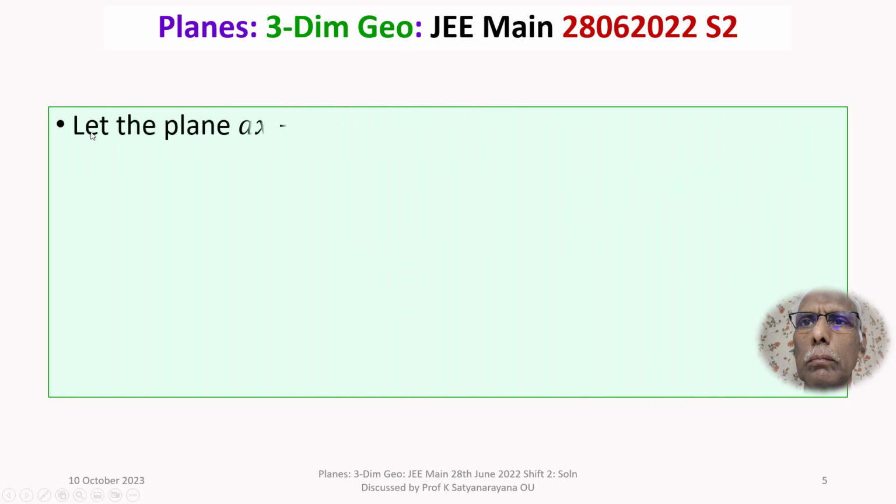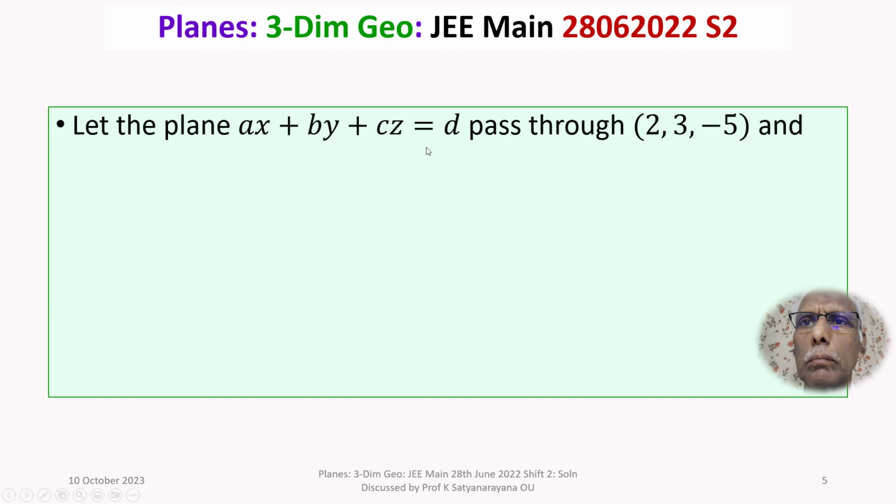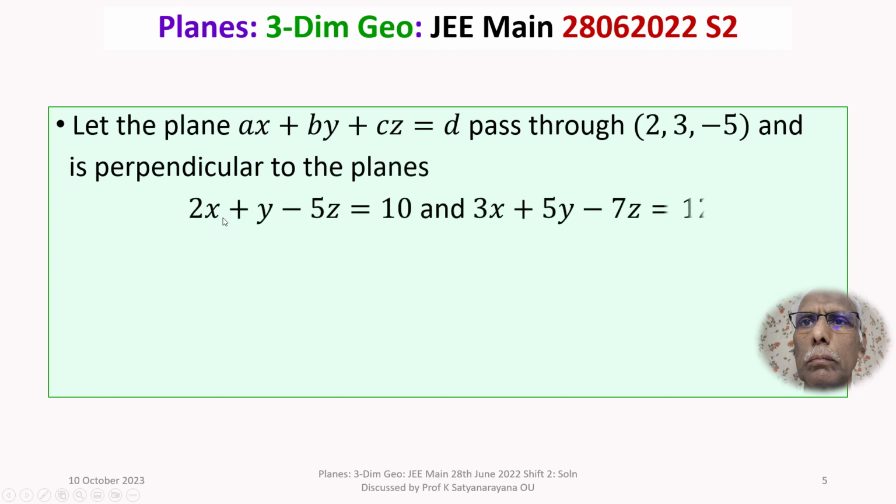The given question is: let the plane ax plus by plus cz is equal to d pass through the point 2, 3, minus 5 and is perpendicular to the planes 2x plus y minus 5z is equal to 10 and 3x plus 5y minus 7z is equal to 12.